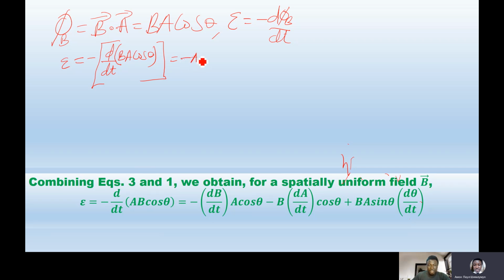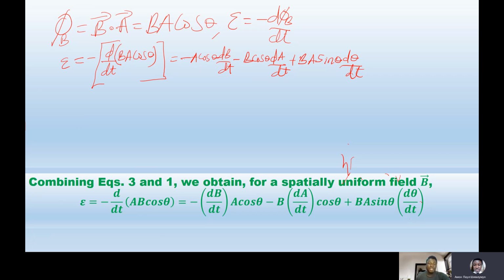Minus A cos theta dB/dt, minus B cos theta dA/dt, plus B A sin theta d theta/dt. This is the equation we have here.